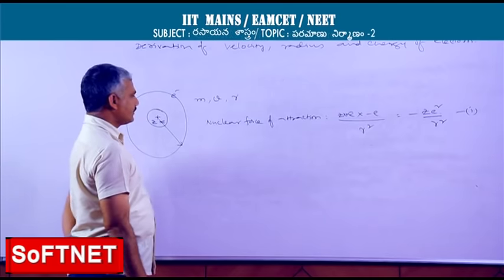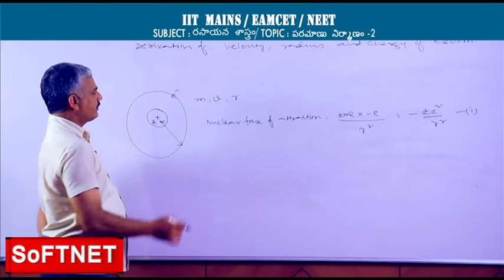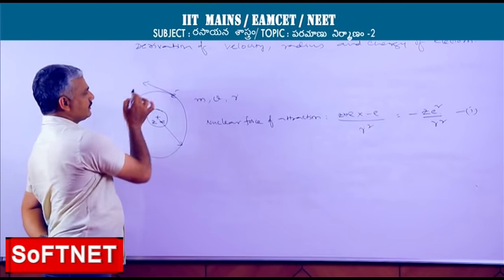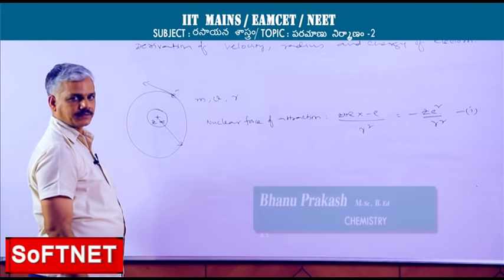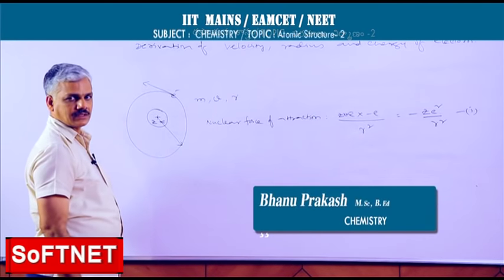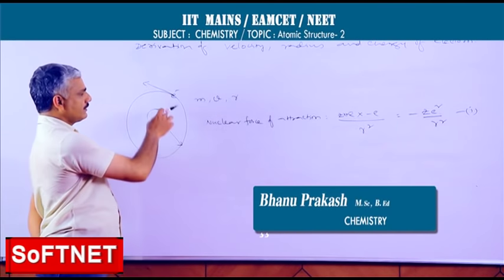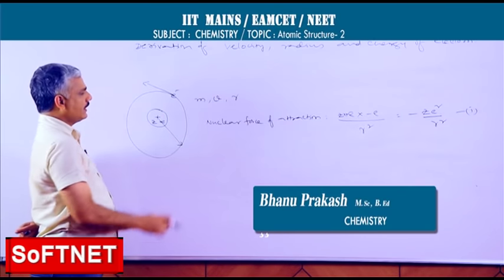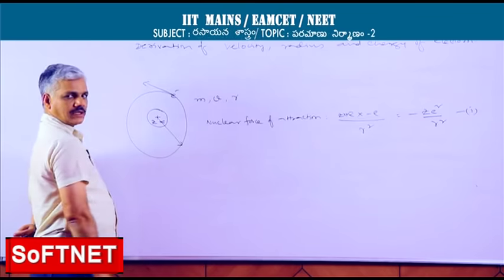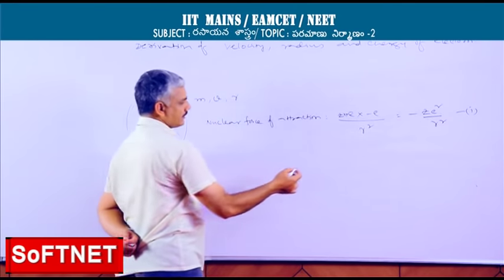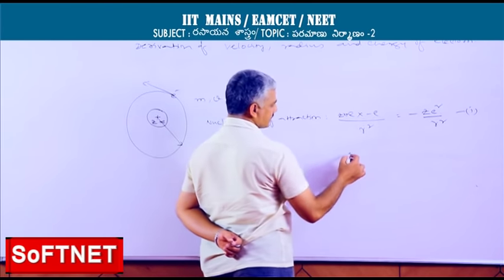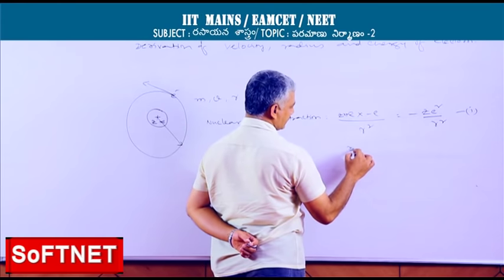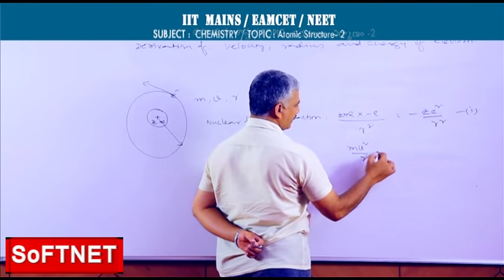Now this nuclear force of attraction is balanced by the centrifugal force of electron. As electron is moving in circular path, it will be associated with centrifugal force, which will act in the tangential direction, and that force we can calculate by using the relation mv square by r.